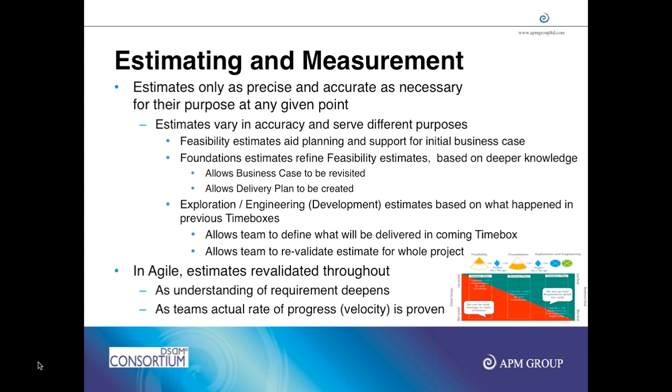Each has 13 cards with them, and each card has some number like 1, 3, 5, 8, 13, 21, and so on. By looking at that story, by listening to what business has asked, what requirements they have explained, each person is given some time to think about that story and to give a rating.